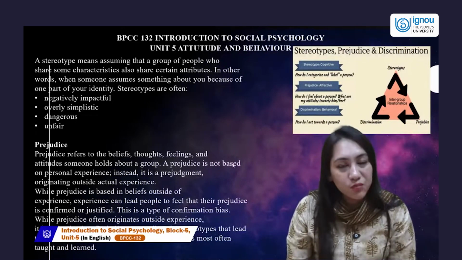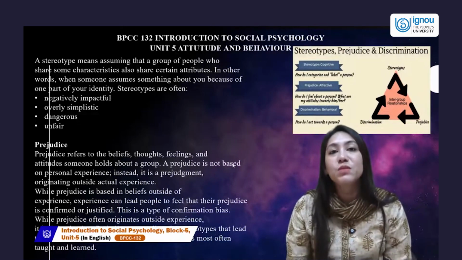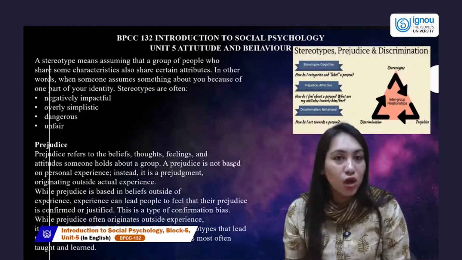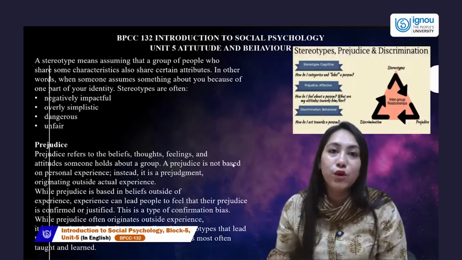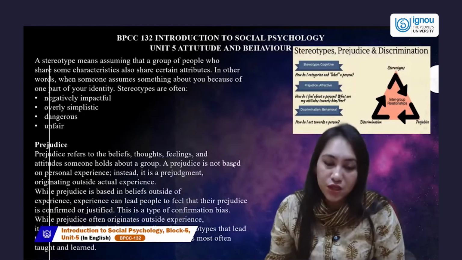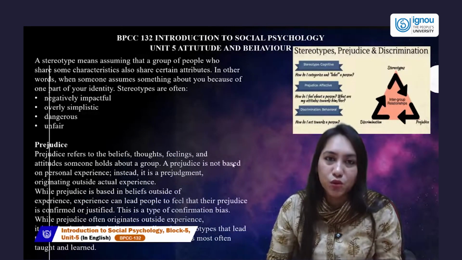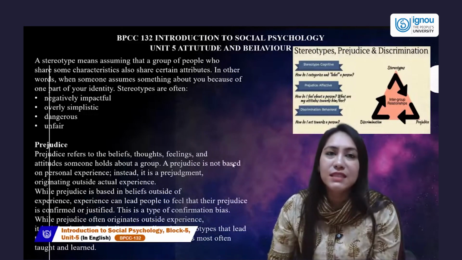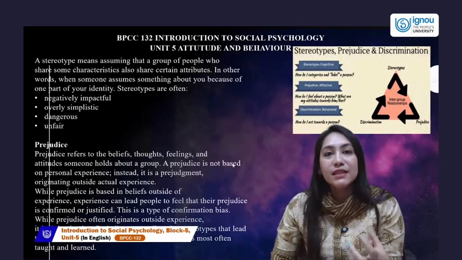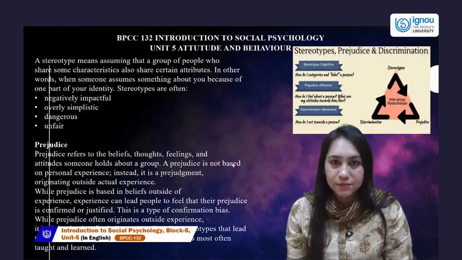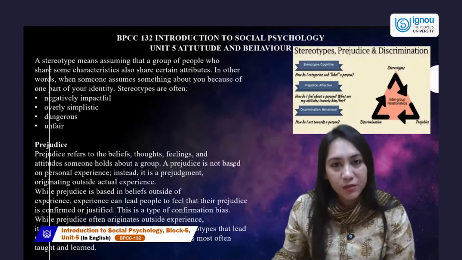So it's not based on personal experiences, but rather on prejudgment. This prejudgment is not logical, but it does involve you thinking about it beforehand. Let's take the same example where the group is miserly and not really willing to share their contacts and information with other people.